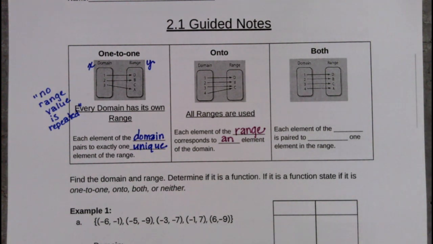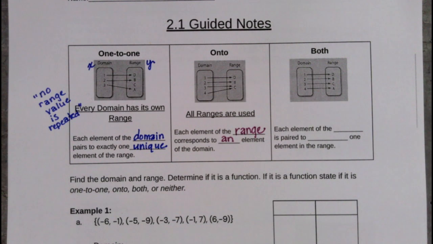So what do we notice is different about this onto function compared to that one-to-one function? Two of them are going to the same thing.